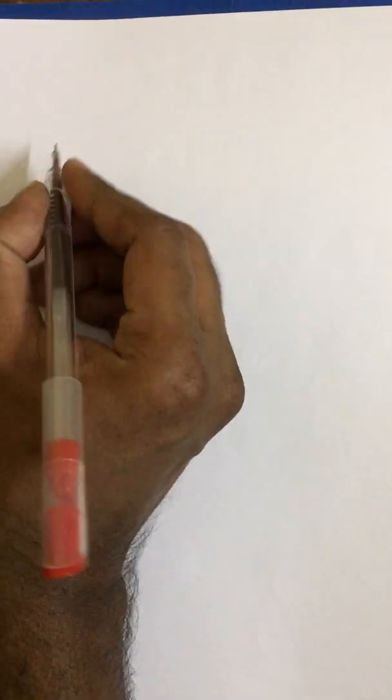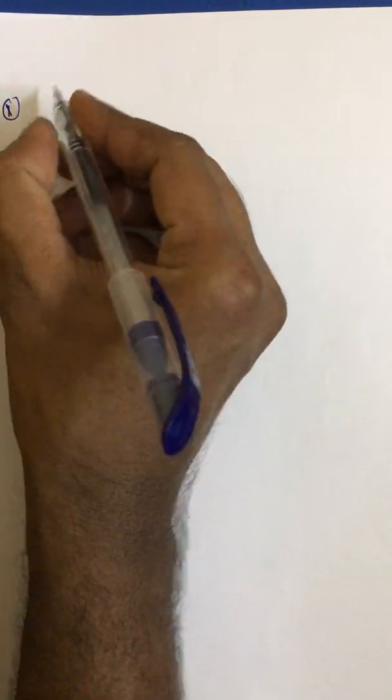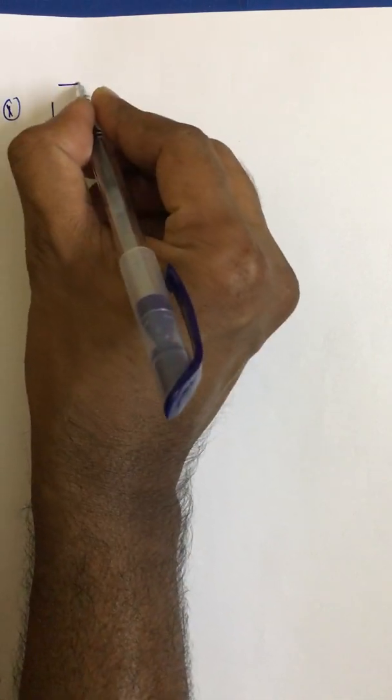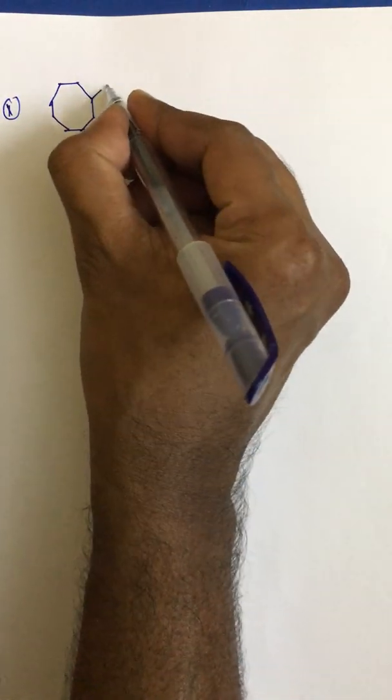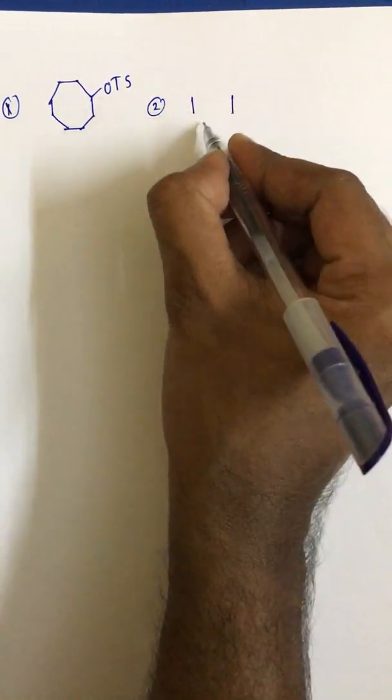Now we are going for the oxygen. So oxygen is very important. There are four examples we have. The first one is this one, OTs. The second one is like this.